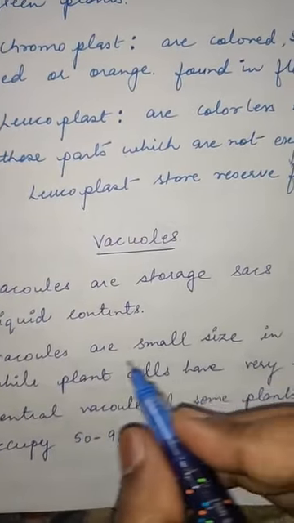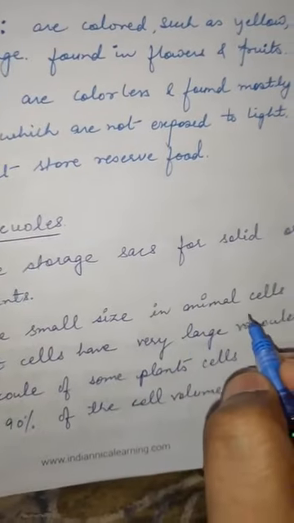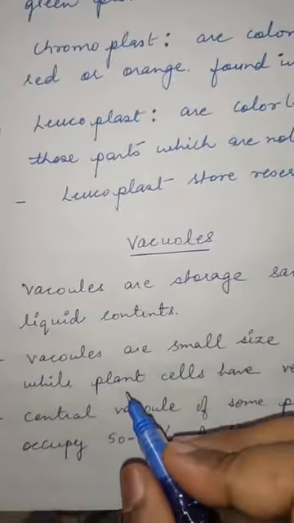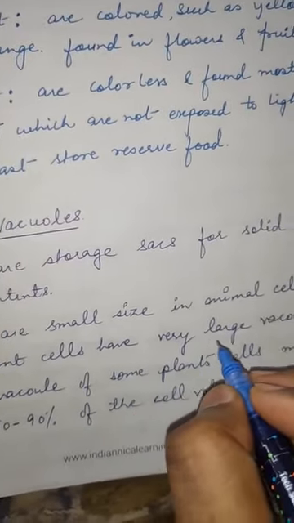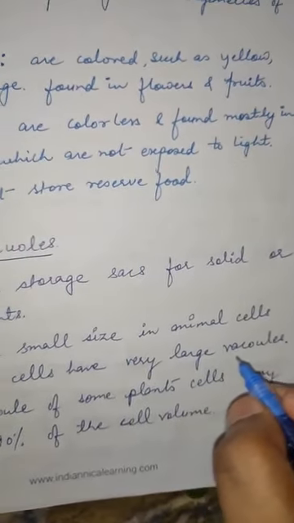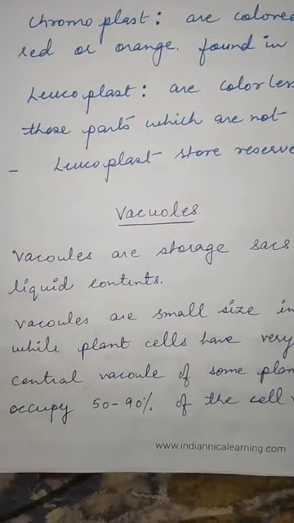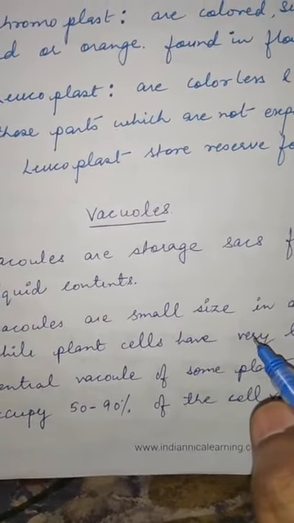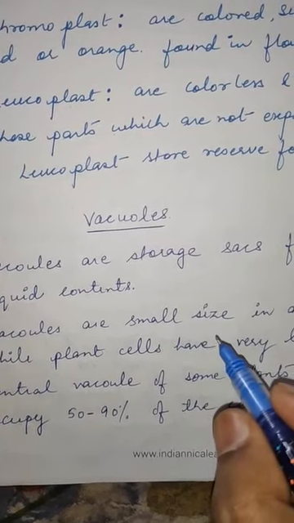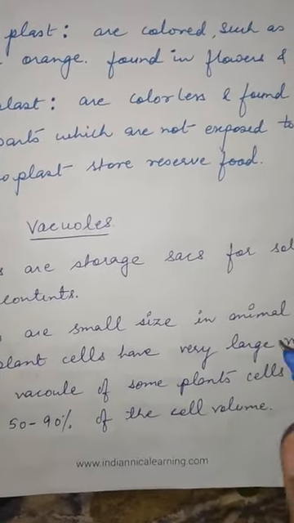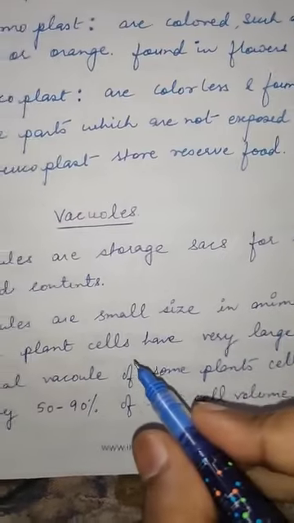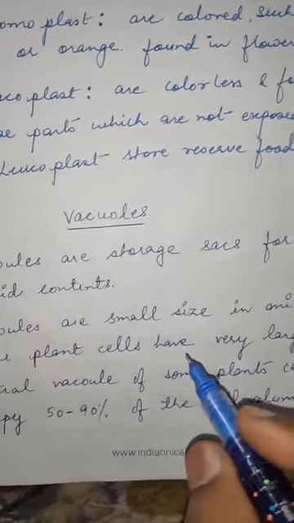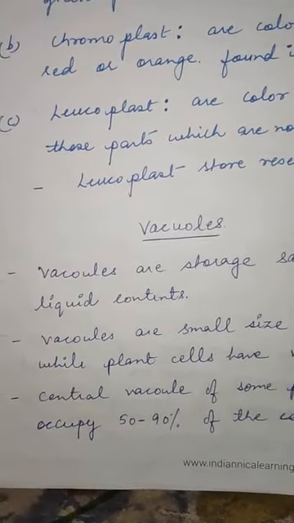Vacuoles are small in size in animal cells, while in plant cells they are very large. So one more difference between a plant cell and an animal cell is that the vacuole size in plants is large, but in animals it is small. Clear?